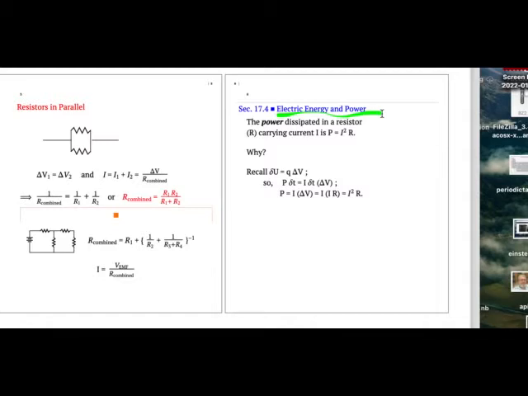When electric current passes through a resistor, it loses energy. Now, of course, energy is conserved. That's one of the great unifying principles in science. So, if the electric current loses energy, the energy must go somewhere else.